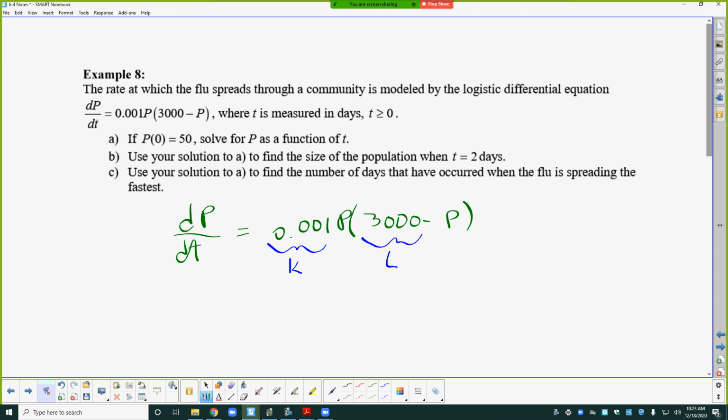So I can quickly, without going through all that stuff that we did yesterday, say P of t is equal to L over 1 plus C e to the negative LK t power.